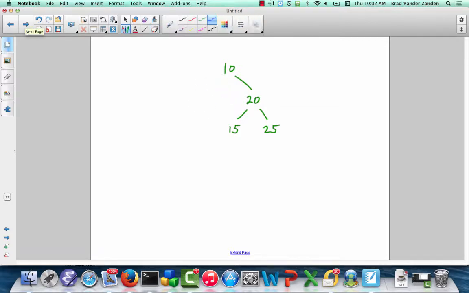If we look at the heights, we see that we have our imbalance here. The right subtree has the greater height, so we take a look at it. Now which of its two subtrees has the greater height? Neither. They're equal, right? So this is the case we're talking about.